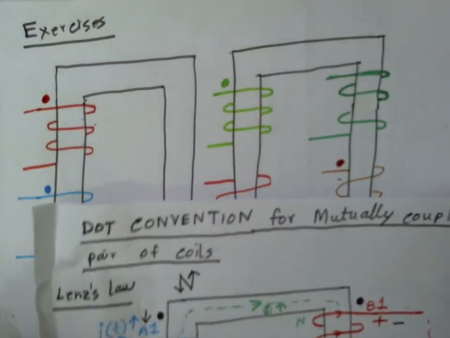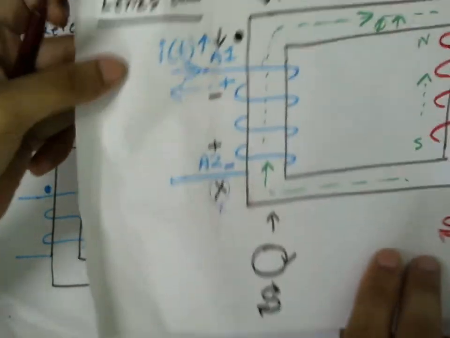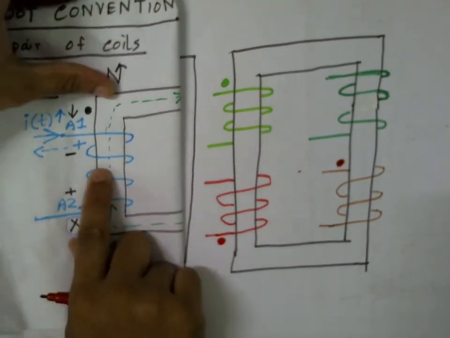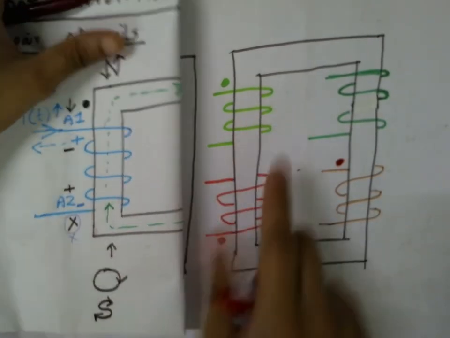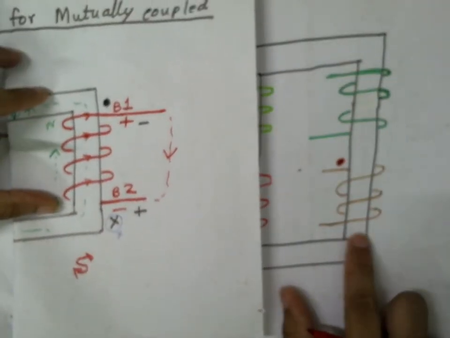Let me just put them side by side like this. So here you see that the primary side winding is similar to this green one, and the secondary side winding is similar to this one.